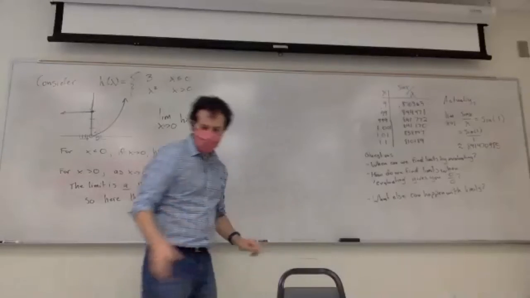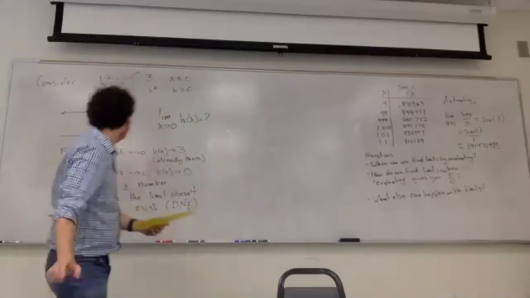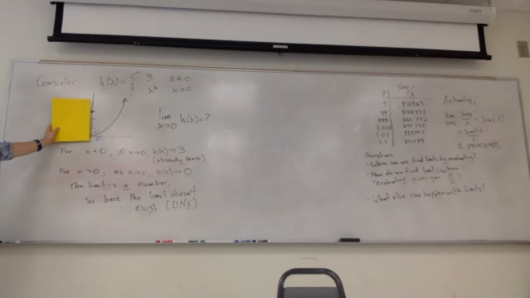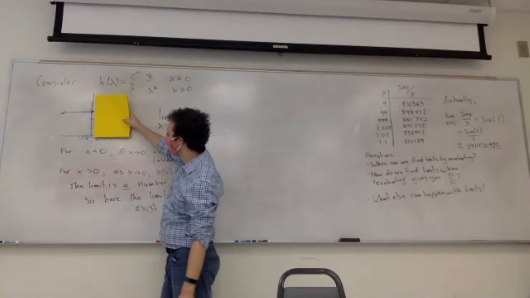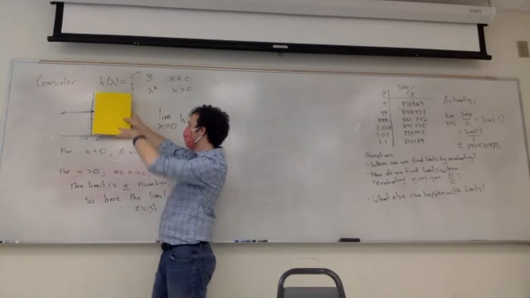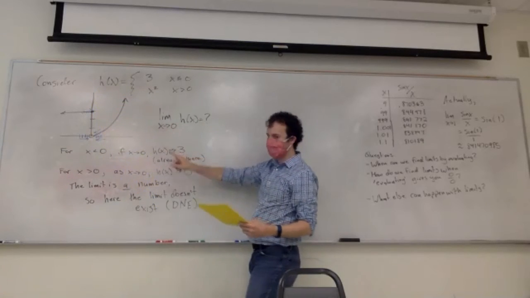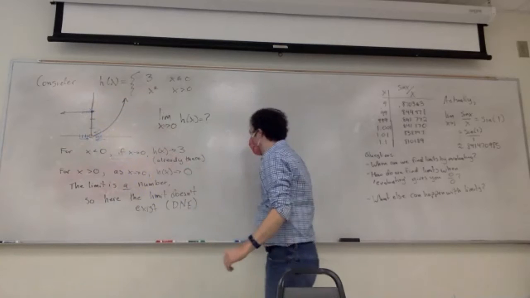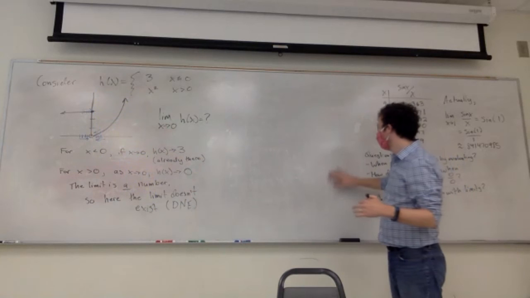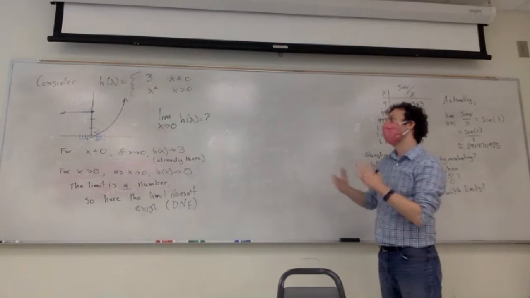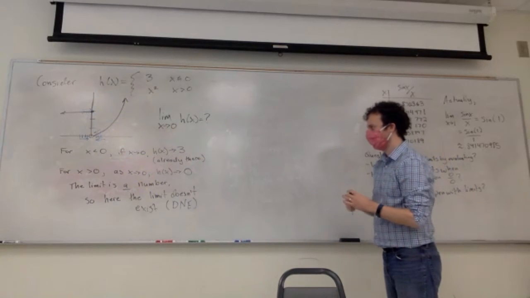But, okay, so the limit doesn't exist, but if I said, just look at the right side, it looks like the function's going down to 0, which is basically what this line said. And if I said, just look at the left side, it looks like it's at 3, and that's what we saw here. So we can still make sense of these ideas. We just have to specify, just look at one side or the other.